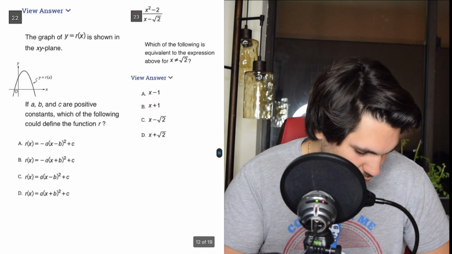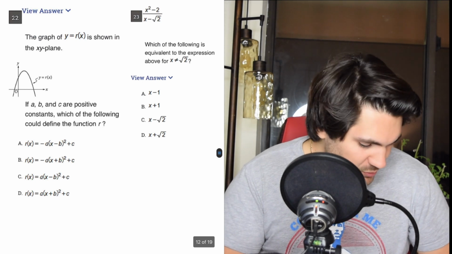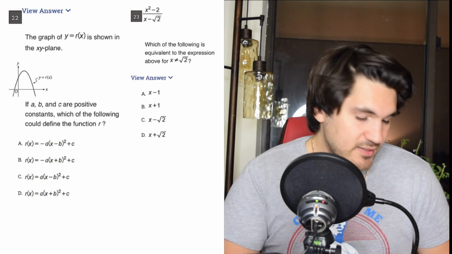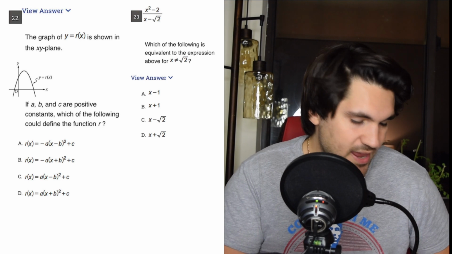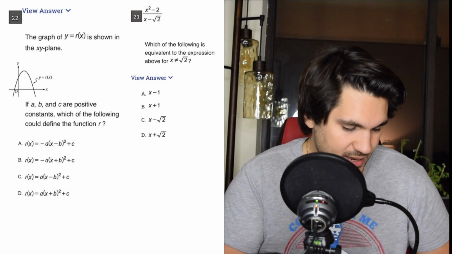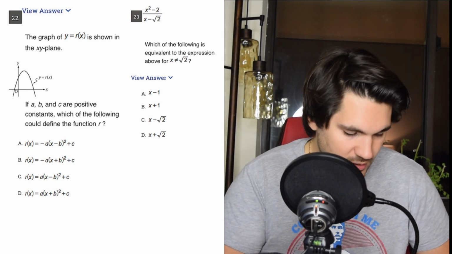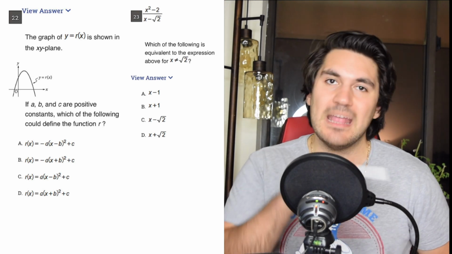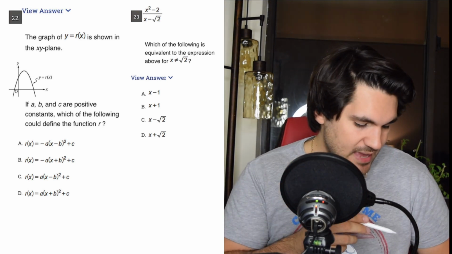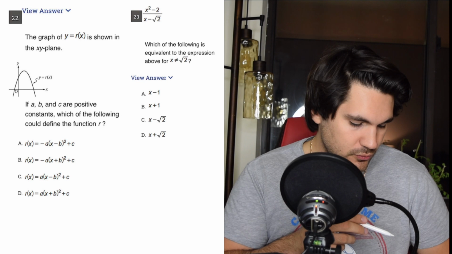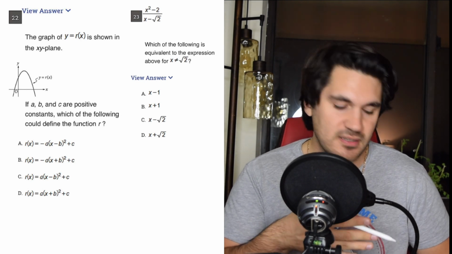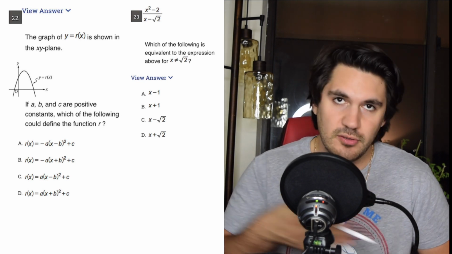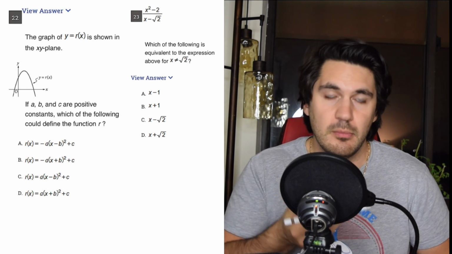Number 22, we have a parabola. Which of the following could define the function r? So basically, you need to know what the vertex form of a parabola is, because that's what all of these are. It's a sad parabola, which means that the a value has to have a negative sign there, because they told us all the variables are positive.